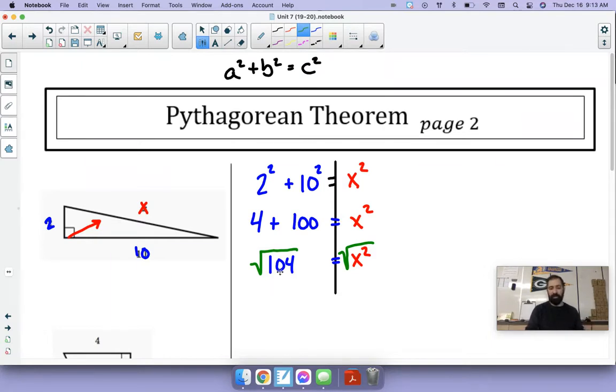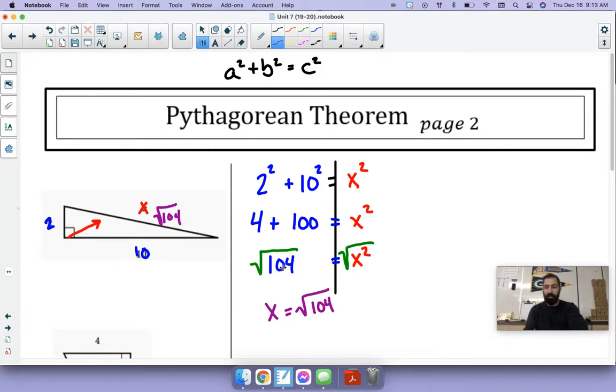We're just going to leave it exactly how it is. The square root of x squared is just x, so x is going to equal the square root of 104.